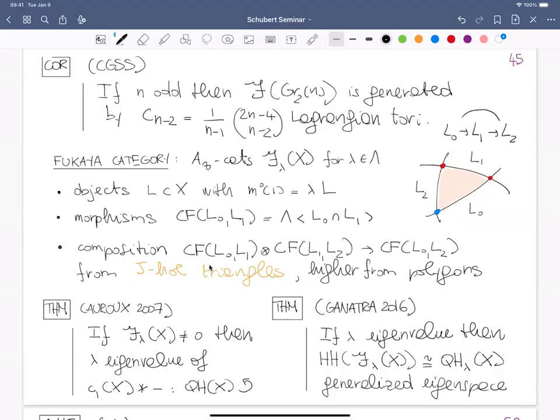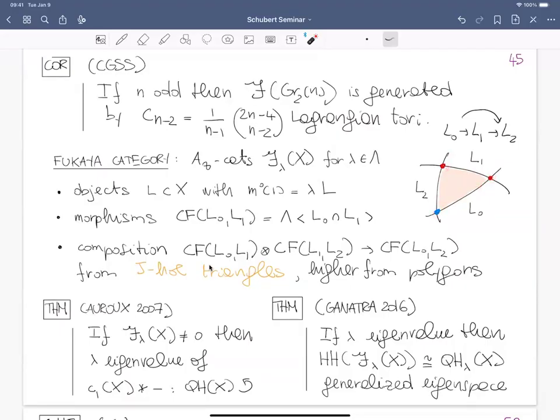So there should be a way to compose them. The way in the Fukaya category is to look at intersections between L0 and L2, and count holomorphic triangles whose corners connect the intersection points.